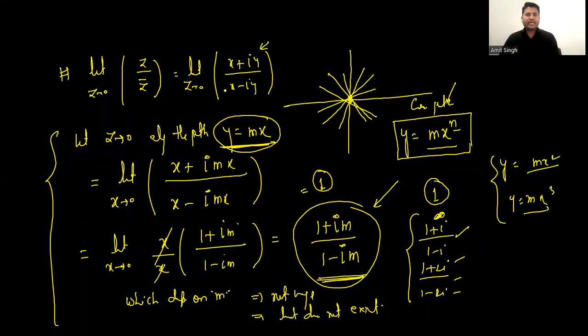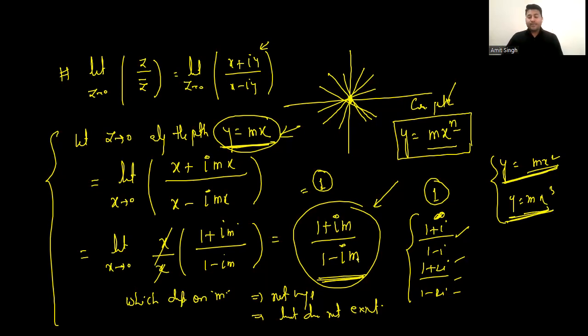The degree of numerator and denominator is the same. But if it is not the case, then besides y equal to mx, we should choose some more paths. Understood? I hope you understand how to find the limit for a complex function.